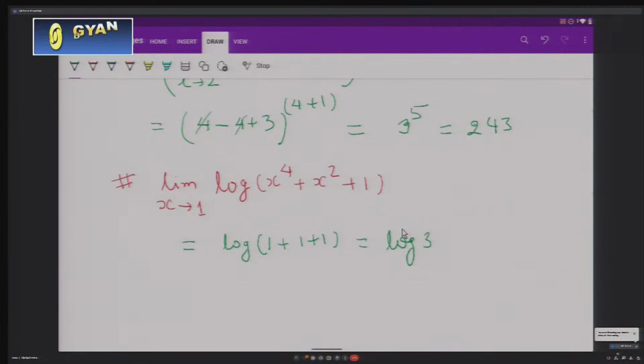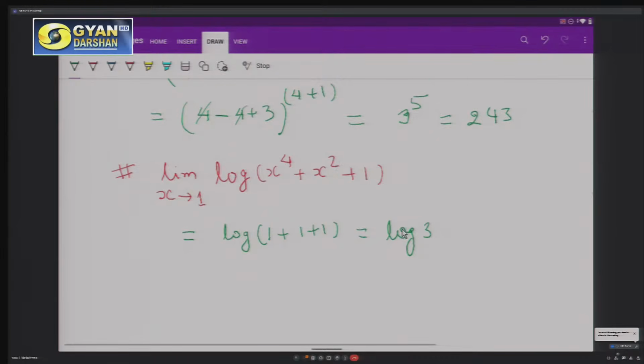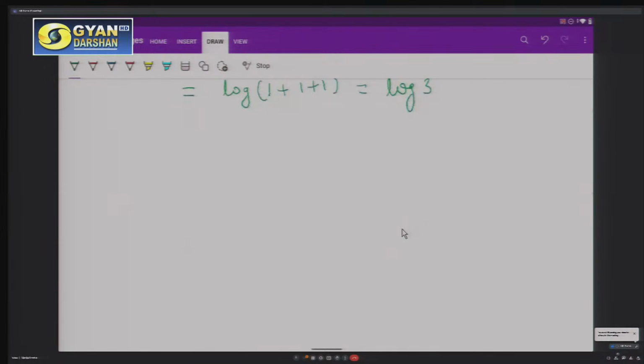Now what happens when the direct substitution method fails? In what cases?